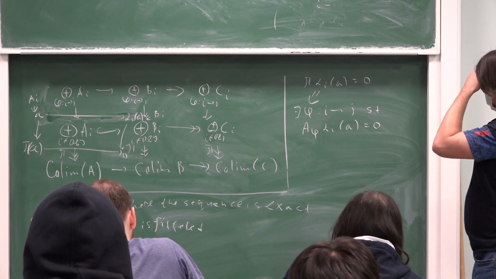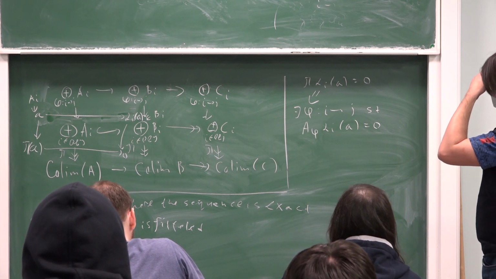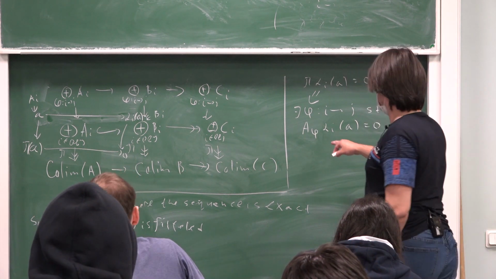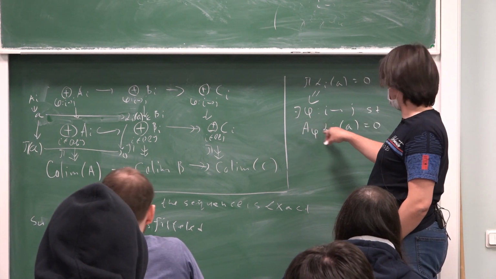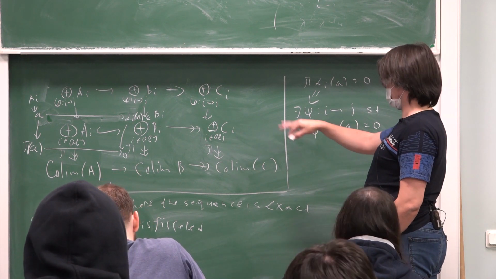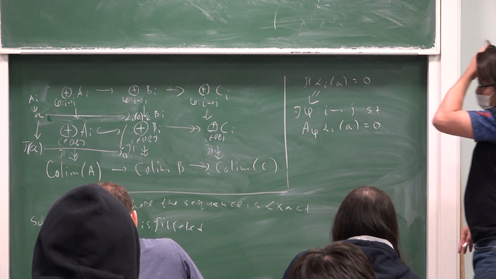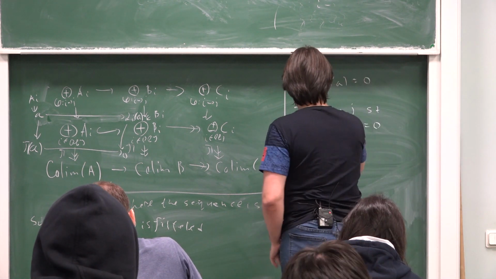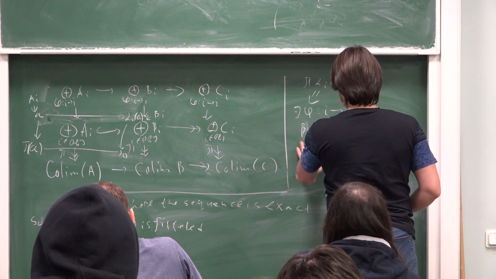But we know that by our assumption, alpha and beta define a natural transformation from A phi to B phi.